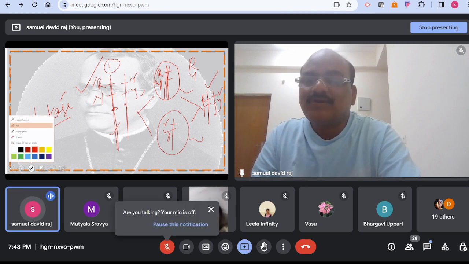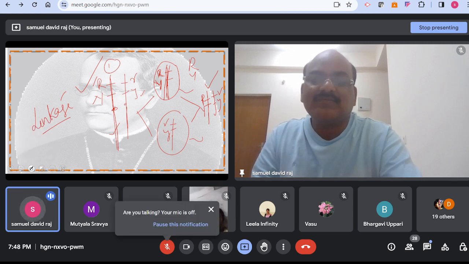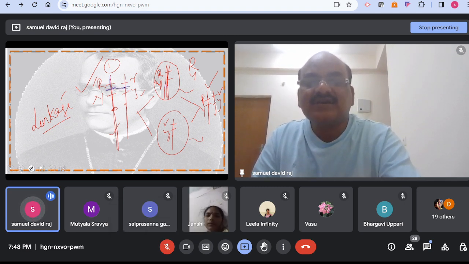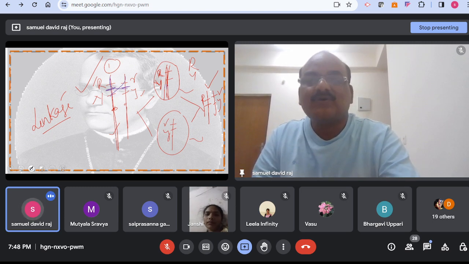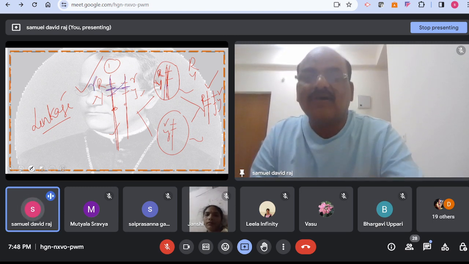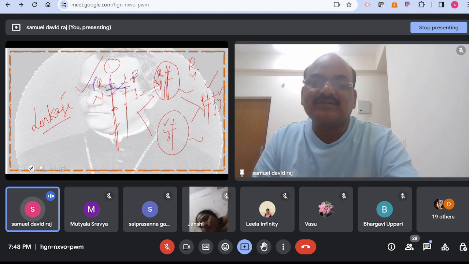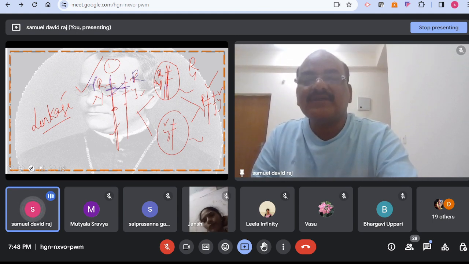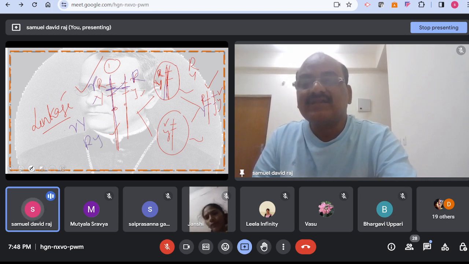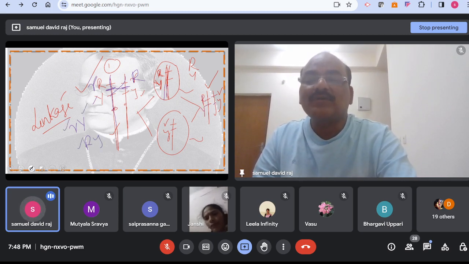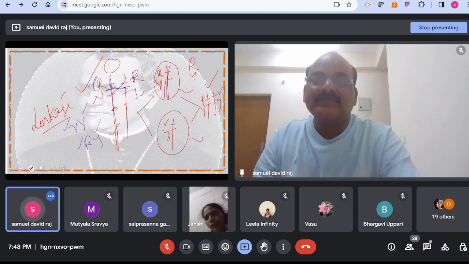If crossing over takes place, that means this chromosome is cut here, this chromosome is cut here, and both these segments are exchanged. Then here comes small r, here comes capital R. Thus, I have a new combination, small r capital Y and capital R small y. That means wrinkled and yellow, round and green.